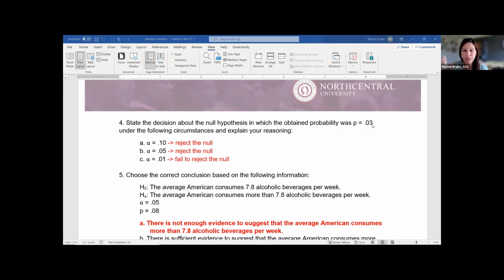To put this into relatable terms, let's say I was looking for differences. This p-value is the probability of obtaining the t-score that I got if my groups are the same, so not different. So if my p is 0.03, that means there's a 3% chance that I would get the t-score that I did if the groups are the same.